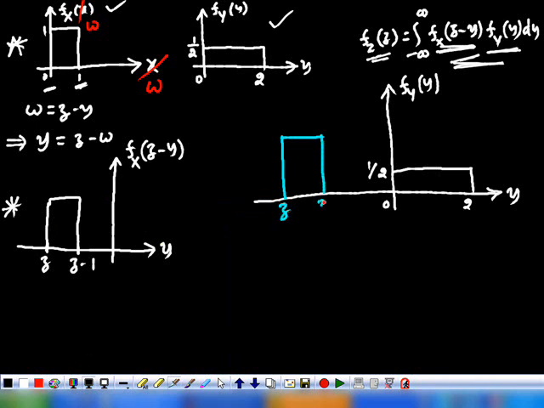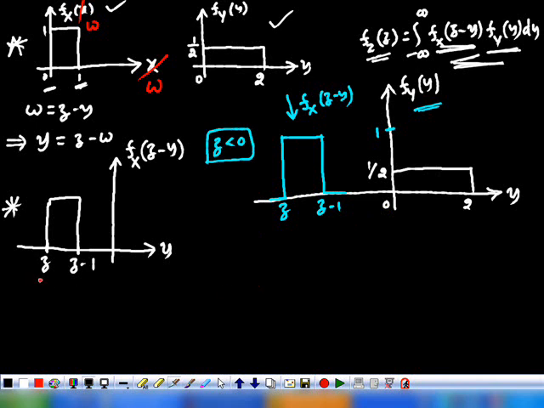This is z and this is z minus 1. This amplitude is equal to 1. So this blue curve is the fX of z minus y and the white one is fY of y. If you observe this, what is y here? y is equal to 0. Here the assumption is z is less than 0. Is this condition satisfied here?